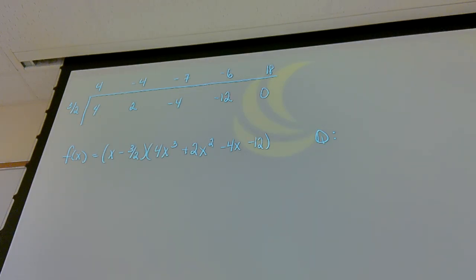What are the factors of 12? 1, 2, 3, 4, 12. Factors of 4, 1, 2, and 4.